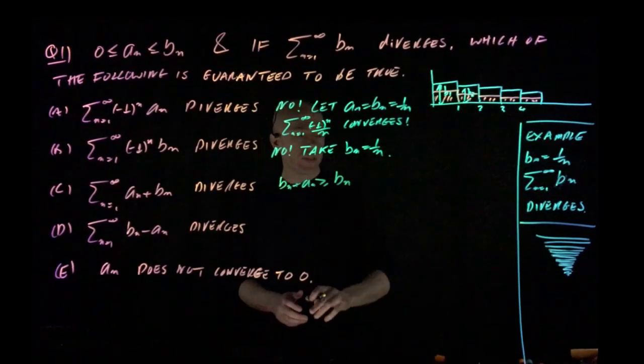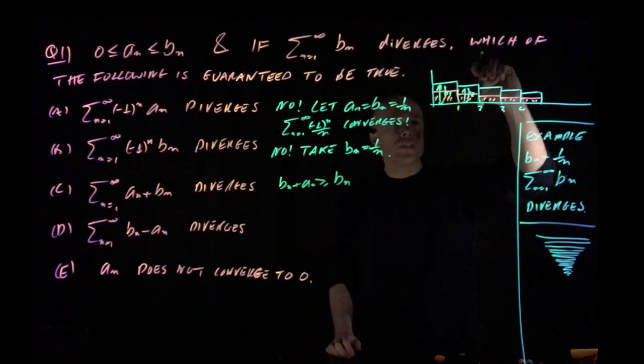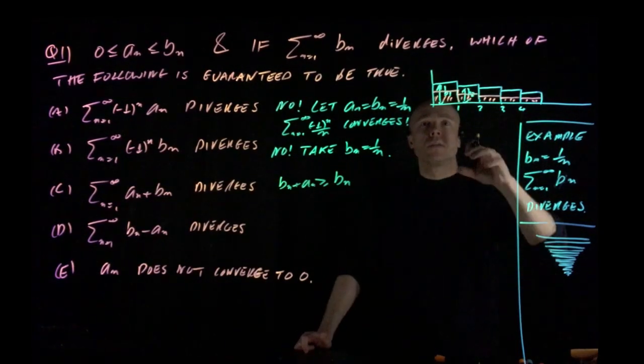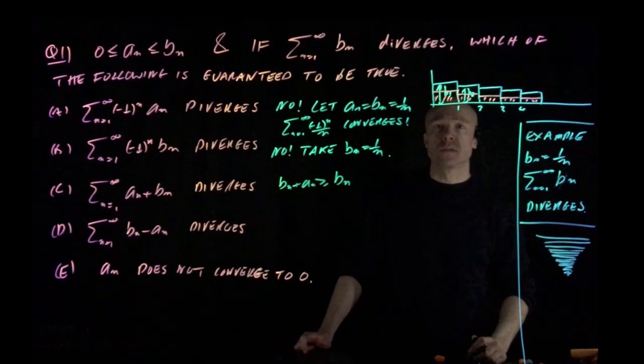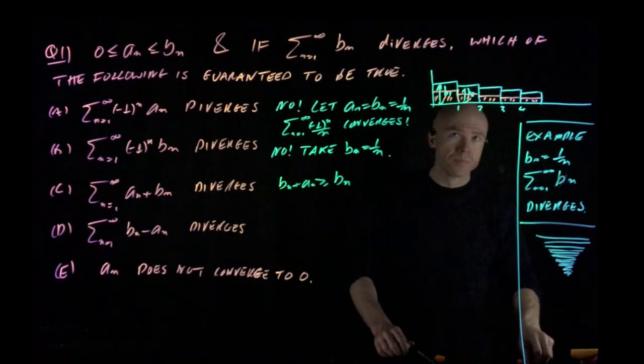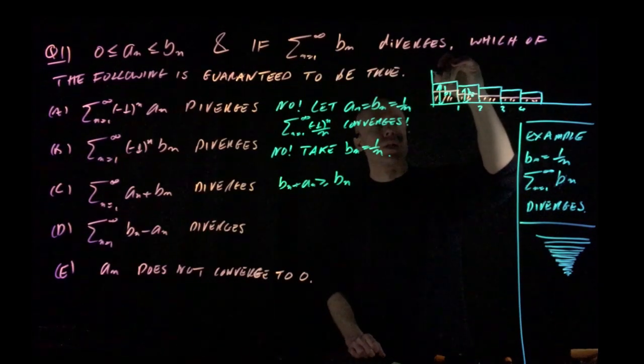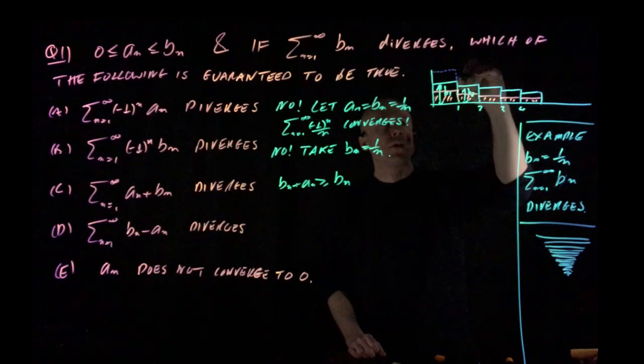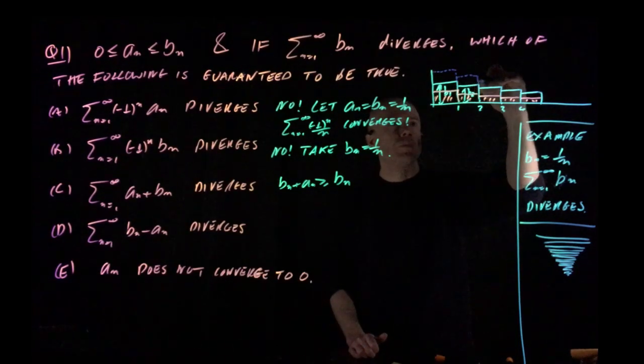So if we take something which is bigger than this collection of green blocks, which actually contains all of these green blocks, and the area of all these green blocks is infinite, then for sure the area of that thing will be infinite. If I put on blue, this would be the sum of An plus Bn.